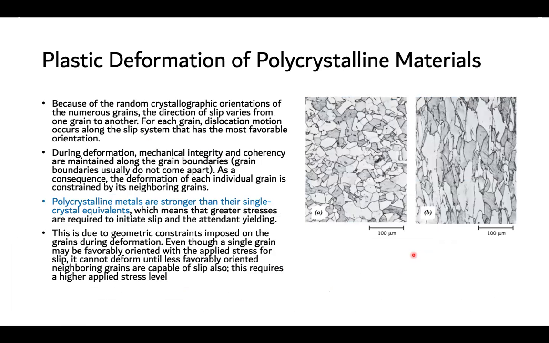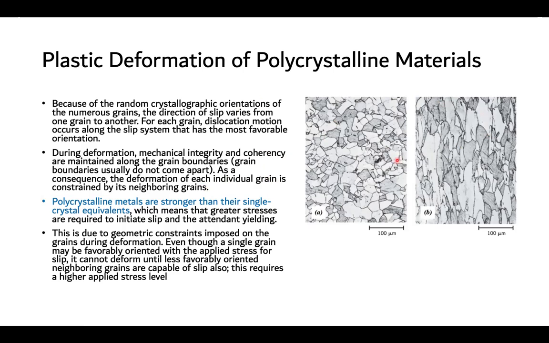Okay, so going back to the previous one, the plastic deformation of polycrystalline material. During the deformation, the integrity and coherency are maintained along the grain boundaries, and the deformation of an individual grain is constrained by neighboring grains.